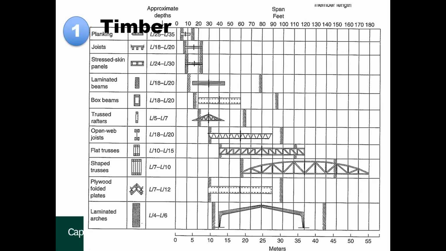The truss is going to be 5 meters deep to span 40 meters. It's quite deep, isn't it? It's almost 2 stories high to span 40 meters. But 40 meters is a very long span.